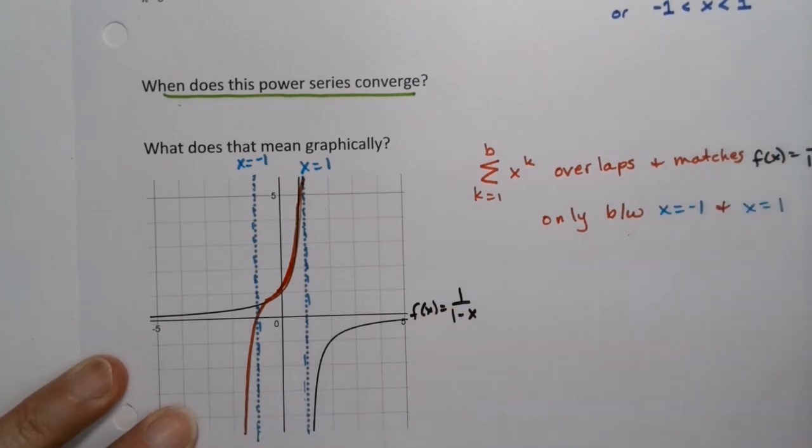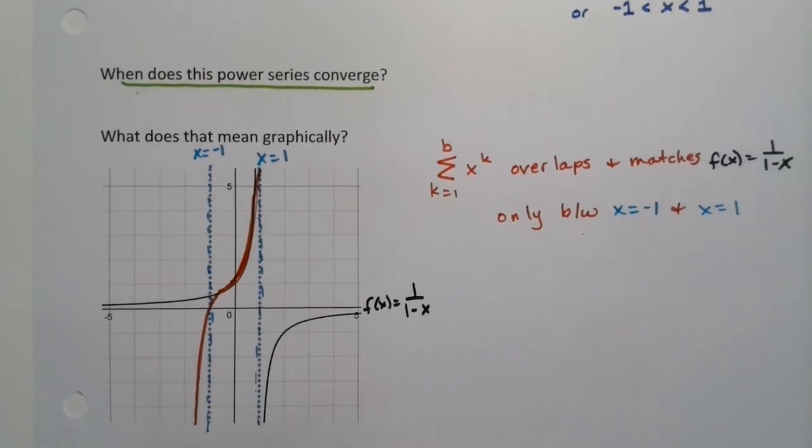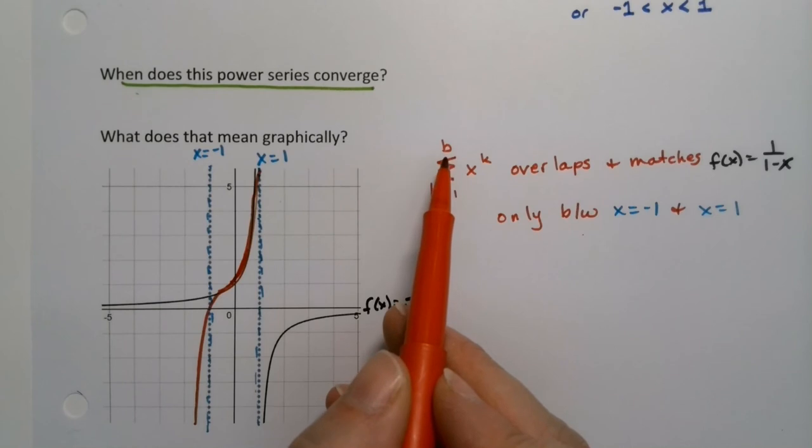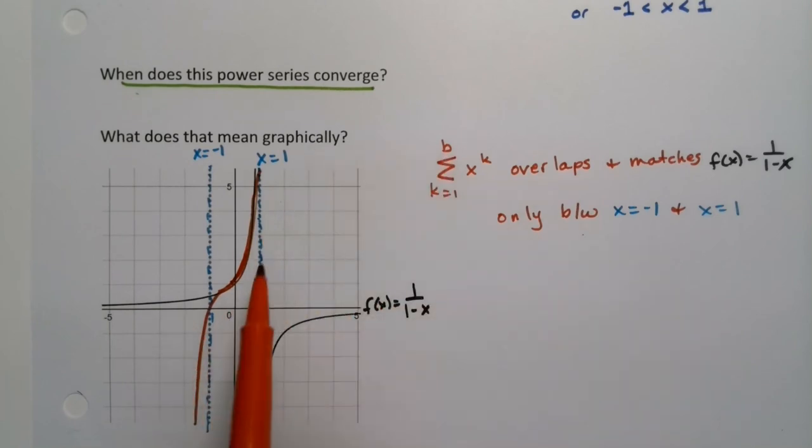Only in there. And of course, if we let it go to infinity, if instead of b, you actually let it go to infinity, it would completely overlap. The only question is what would happen at the two edges, -1 and 1 themselves. We would have to test that.